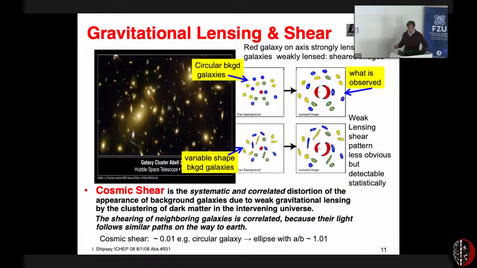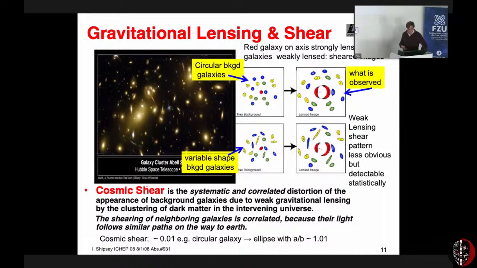Some of them will be strongly lensed, like the red one. That's what you would observe. Of course, galaxies are not round; they have their own shapes, and the shapes are variable. That complicates things, and you still have elongation of the galaxies, but then you need to disentangle the natural shape from the distorted shape, right?